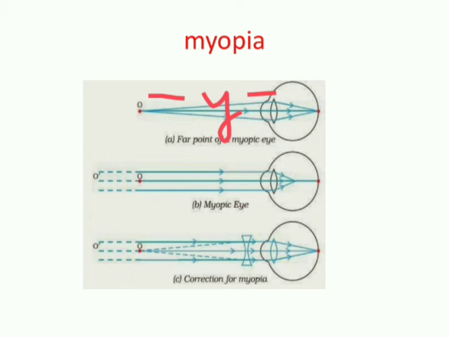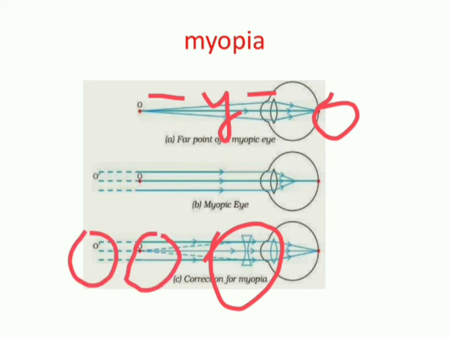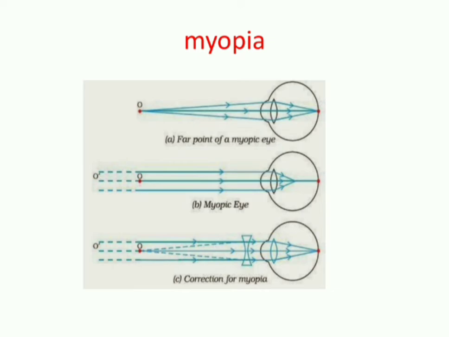Where is the image formed here? On the retina. So determine the value of y for this person. Next we use a correcting lens, which is a concave lens, so that if you keep the object at y, the image is formed at infinity and the image on the retina is again retrieved. So this is how correction is made for a myopic person.